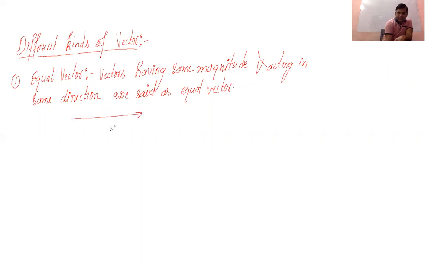Suppose this is your A vector and this is your B vector. The direction of both vectors is equal and the length of these two vectors is equal. So A vector is equal to B vector: the magnitude and direction of A vector and B vector are the same. Got my point?